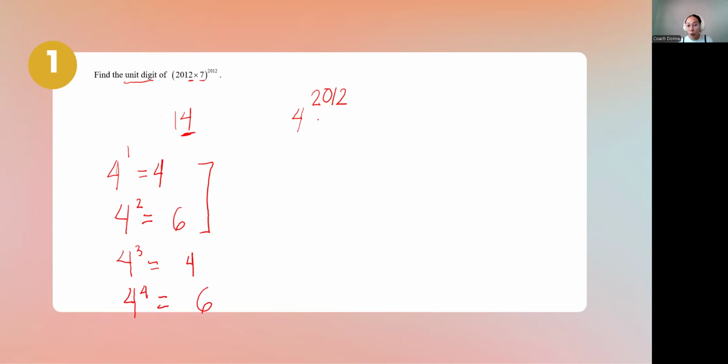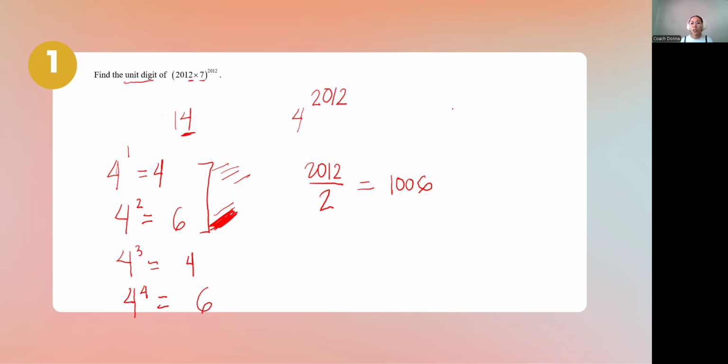So 2012 is even, meaning it's divisible by 2. Automatically, we know that the answer should be 6. Because 2012 divided by 2, since there are two numbers in our pattern, you'll get a whole number, 1006. 1006 is even, so it will end at 6.